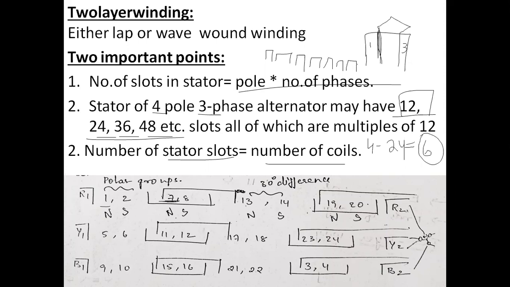Okay, 7 slots total are there. If this is the first side of the coil, and this is the second side, if the first side is in slot 1, then the second side of this coil should be placed in the seventh slot.